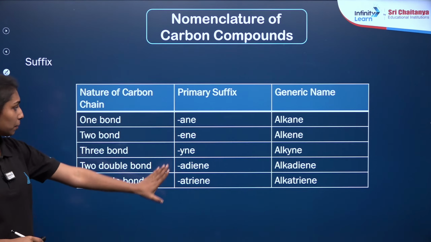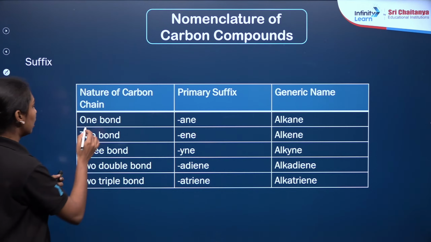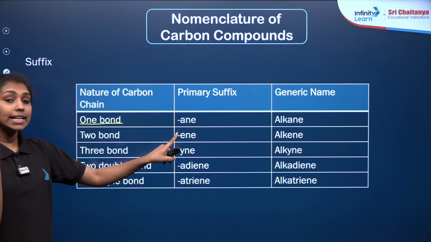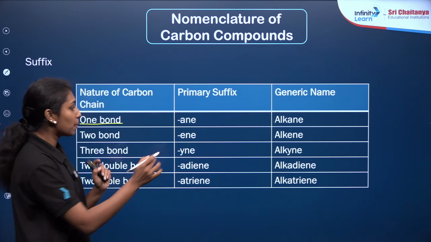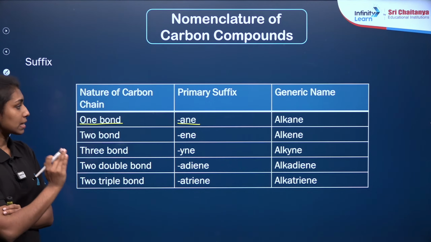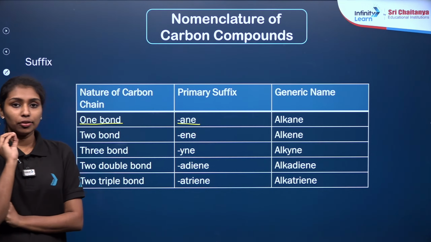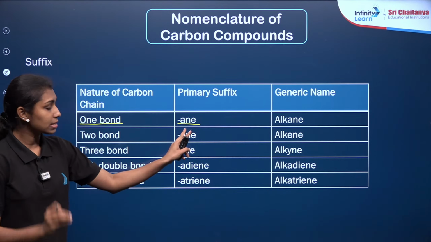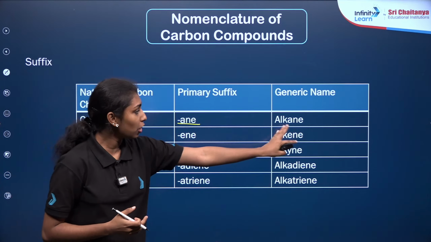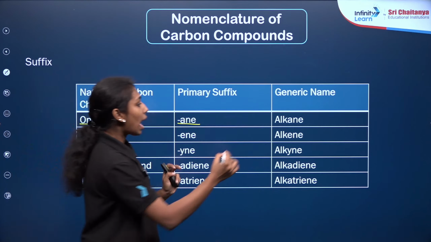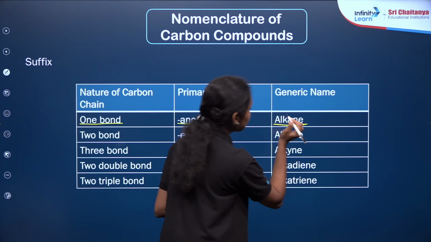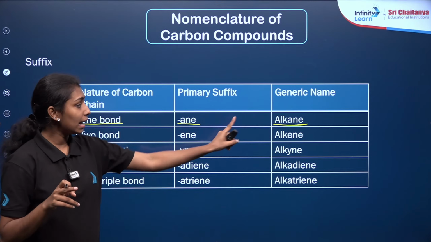So this is the table. What you are observing here is, if the compound contains only a single bond, its primary suffix will be ANE. Just memorize these things, we will be discussing them later. For a single bond only, it has the suffix ANE. For example, in the case of all the carbon compounds, our word root will be ALK, right?